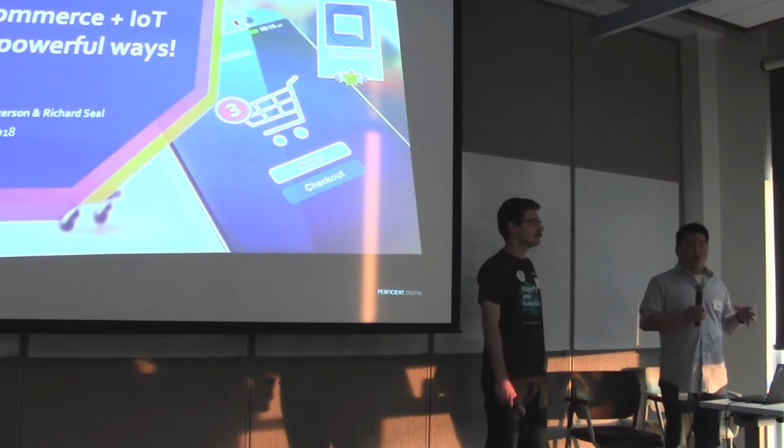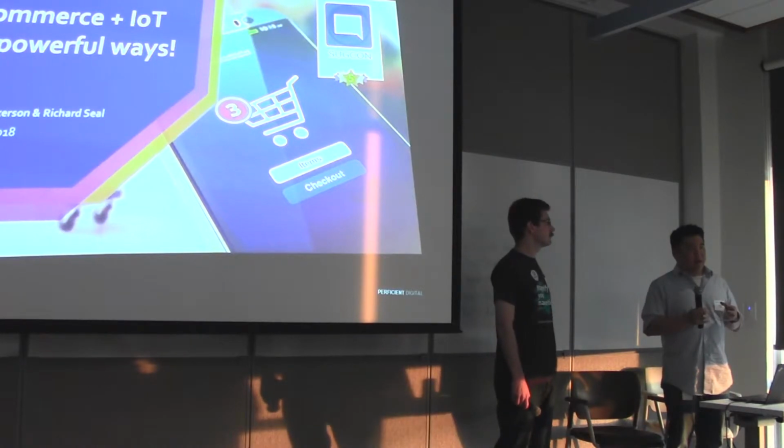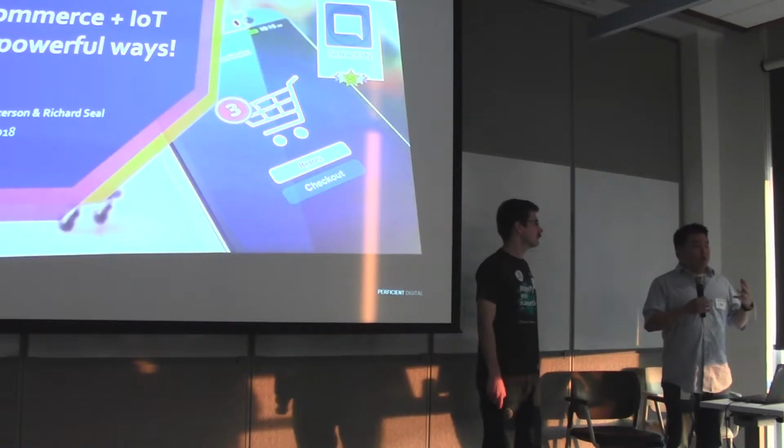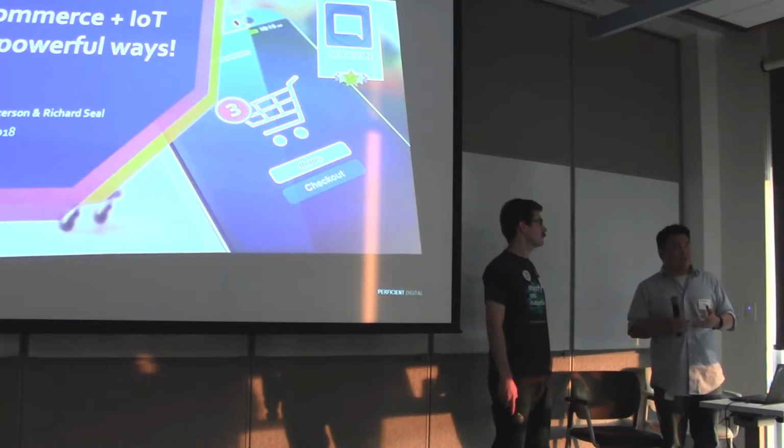They basically took all those technologies and smushed them together and did a POC of what it would look like if you were to implement something similar on the Sitecore platform.